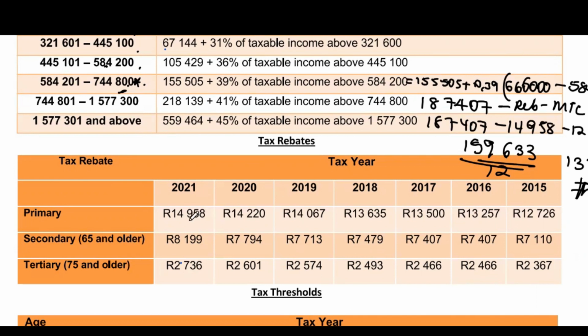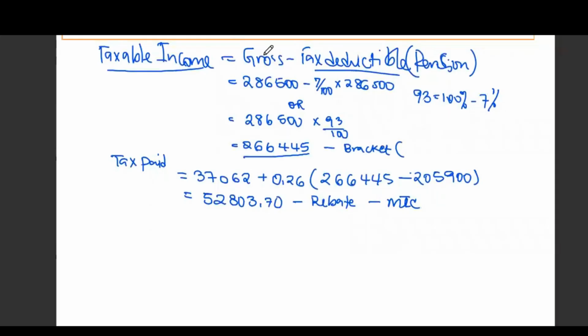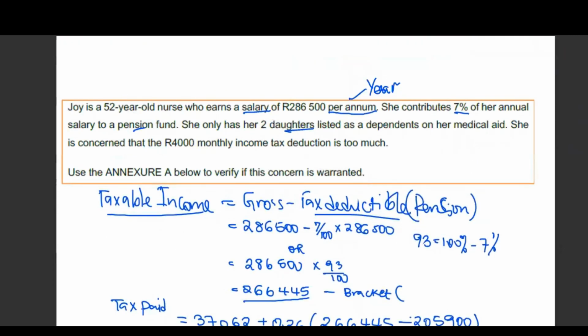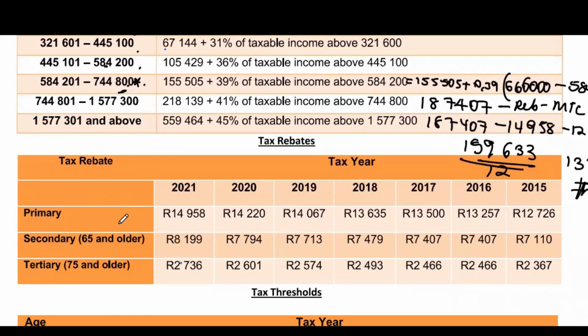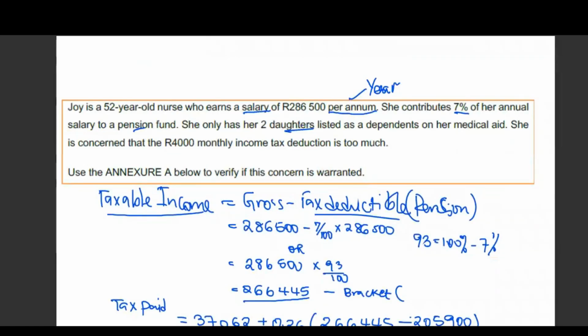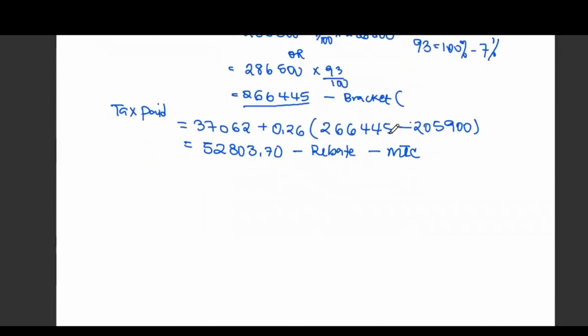The person is 52 years of age, so she belongs to the primary rebate, which is 14,958. So we get the answer that you have there, minus 14,958, minus now the medical credits.